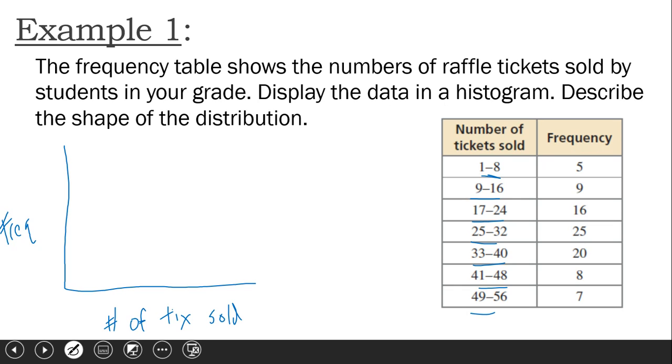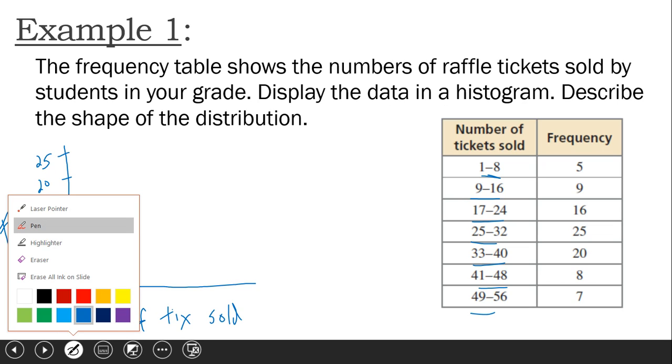I'm going to count up by fives here. Remember, you always have to have an even axis, meaning you're counting up by the same amount each time. And over here, I'm going to have from 1 to 8.